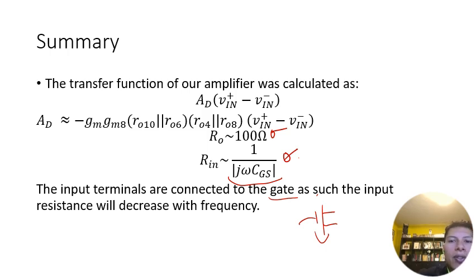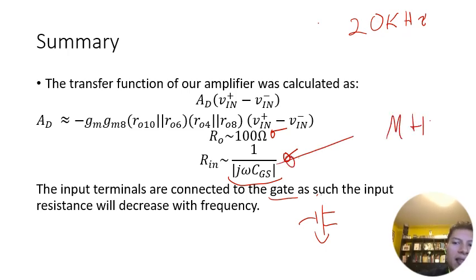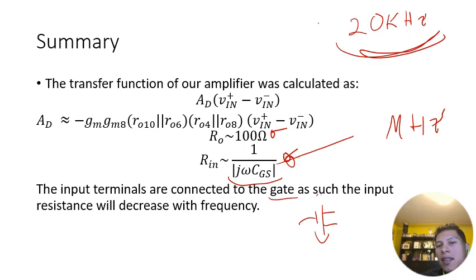If you're working with a voice signal, like an amplifier for a microphone, audible signals do not exceed 20 kilohertz. So you could say, well, I don't really care about the CGS because that's going to occur at megahertz. There's no point in buying some really expensive thing with a very high frequency breakdown because you're just not going to operate at very high frequencies.